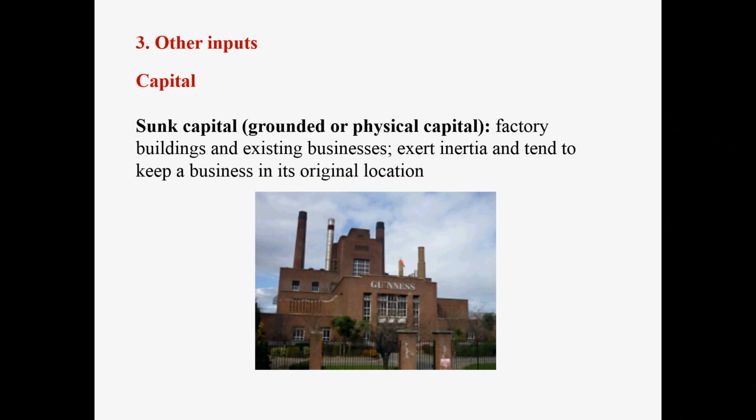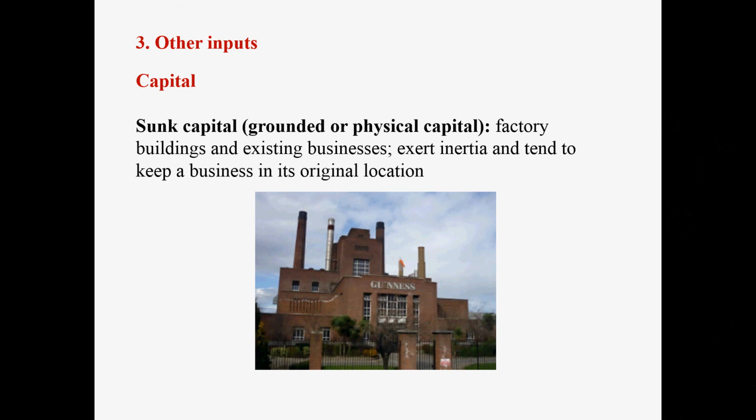As soon as you put them down in one location, it's almost impossible to move a factory building along with all the machines. Also, a factory in one location tends to form business relationships with industry in the surrounding areas.